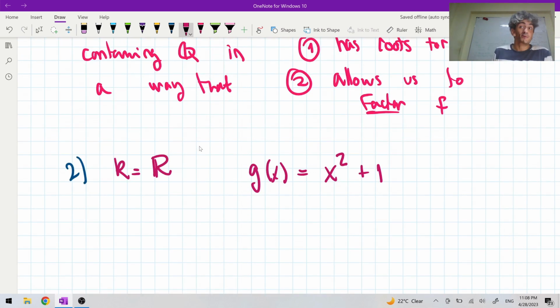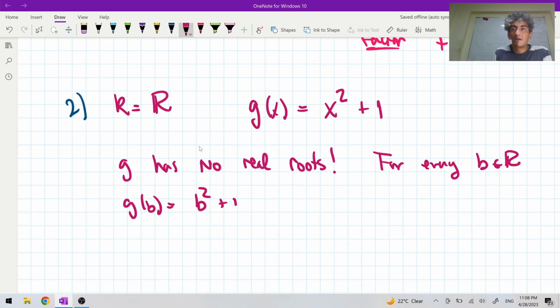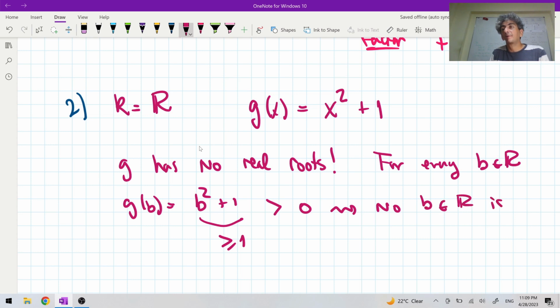G has no real roots, because for every b in R, g of b is actually b squared plus 1, and this is always greater or equal to 1, which is always greater than 0. So no b in R is a root for g.